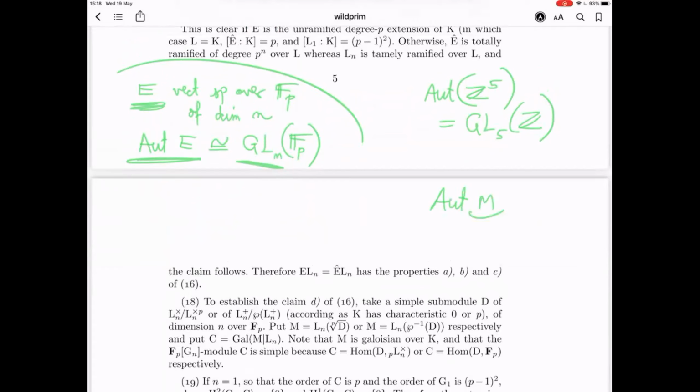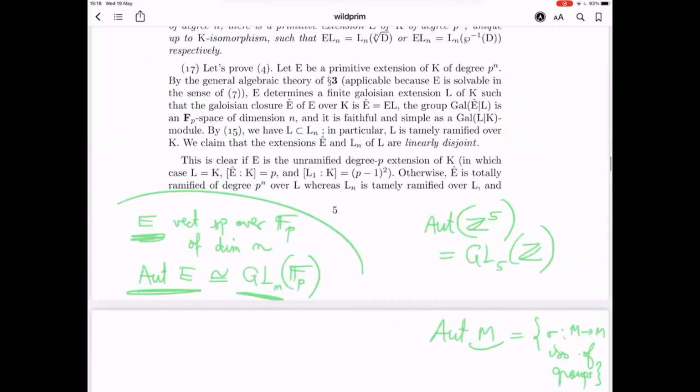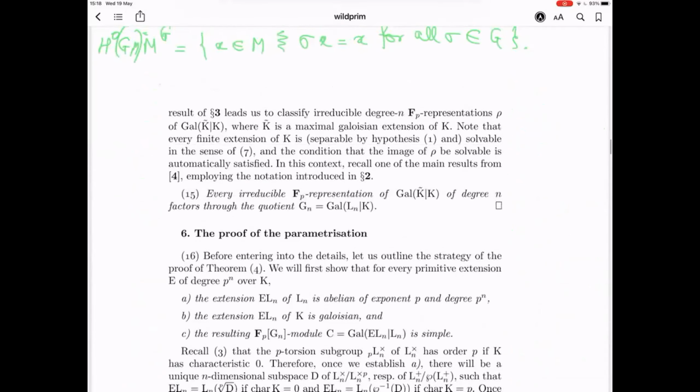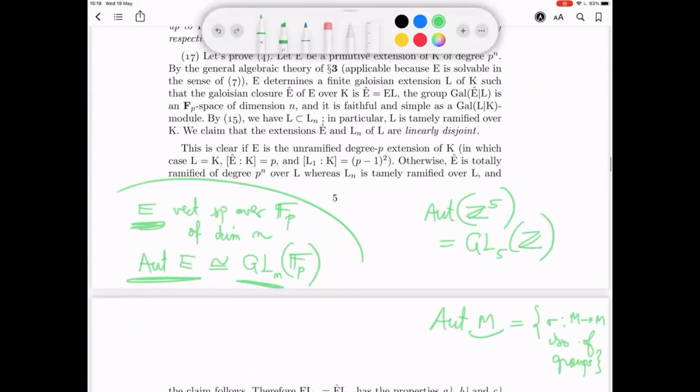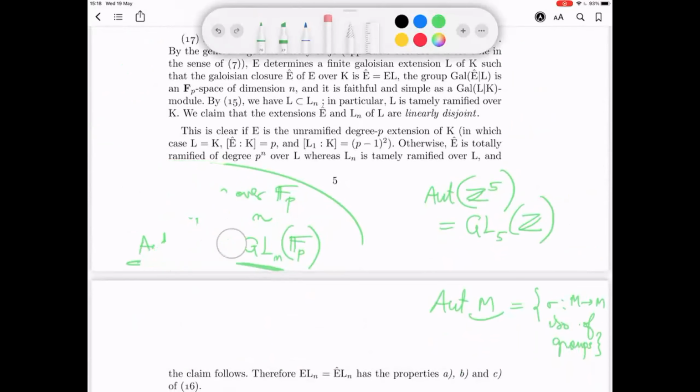So, in general, the definition is that it is just the set of all mappings from M to M which are isomorphisms of groups. That's all. That's the group of automorphisms. Right. Okay, so let's remove this.